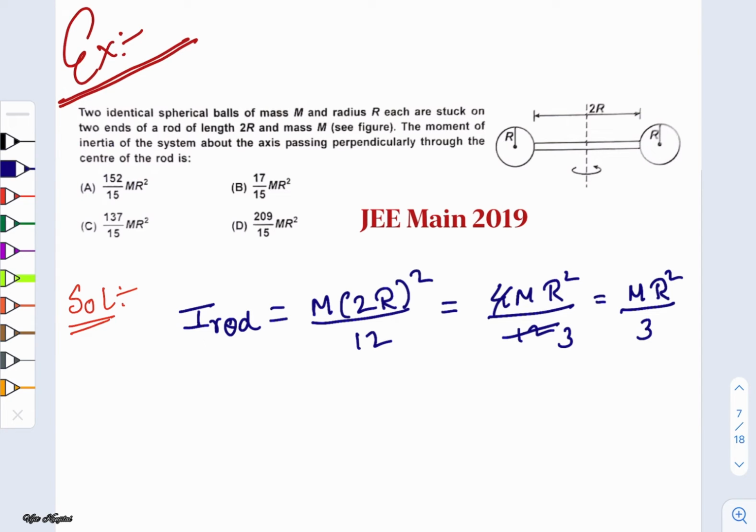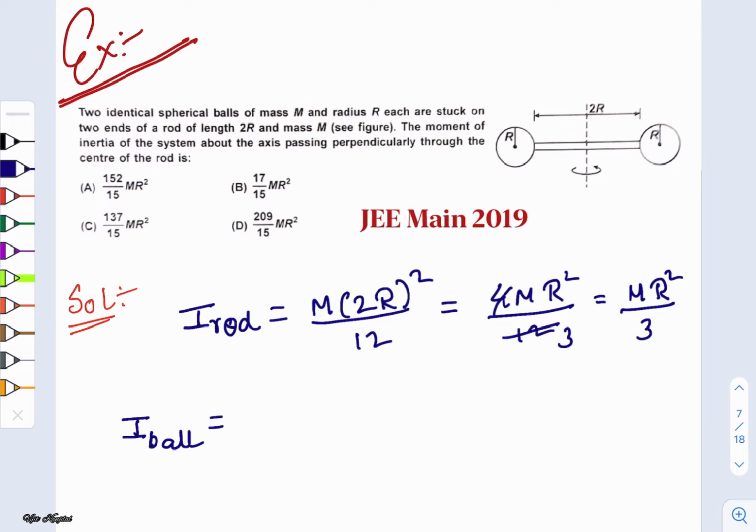Similarly, what is the moment of inertia for this particular ball? We need to find the moment of inertia of this ball first with respect to this axis that is passing through its center of mass, and then we are going to apply the parallel axis theorem to calculate the moment of inertia of this ball with respect to this axis.